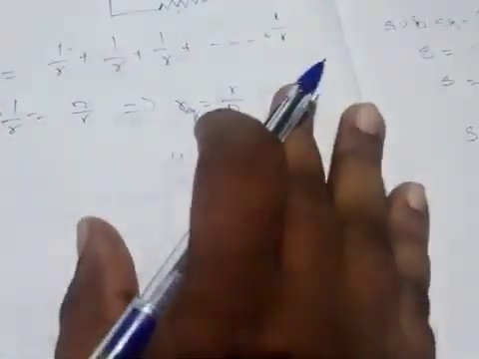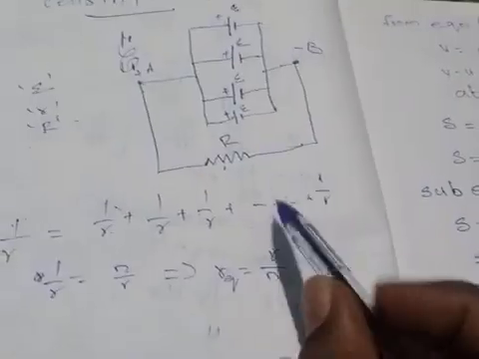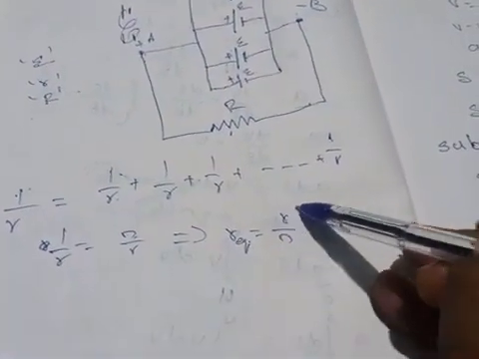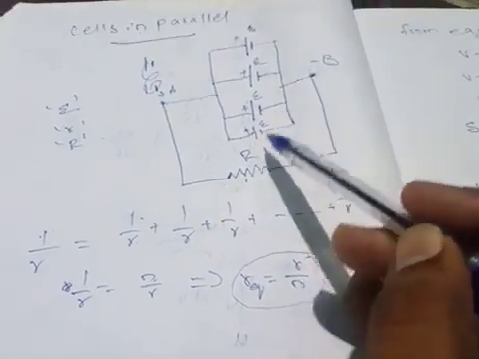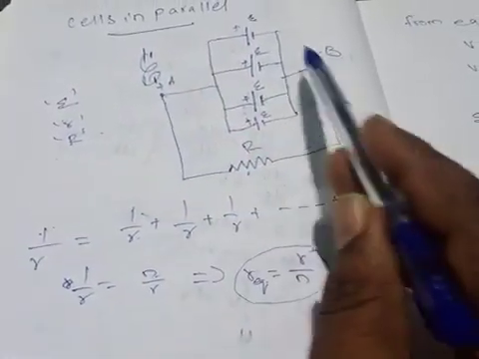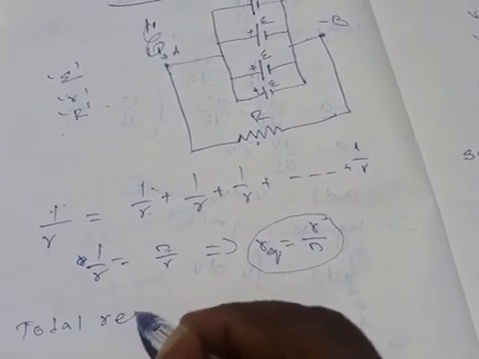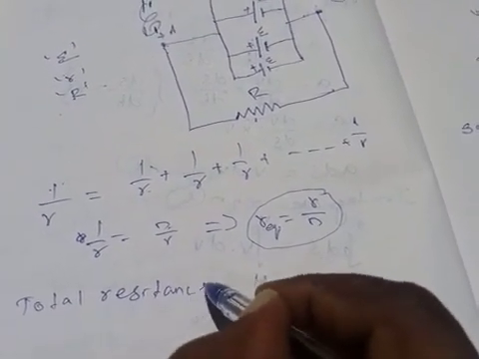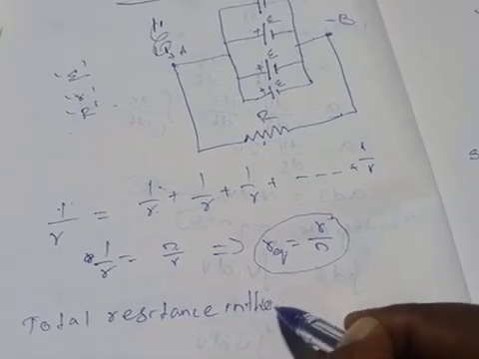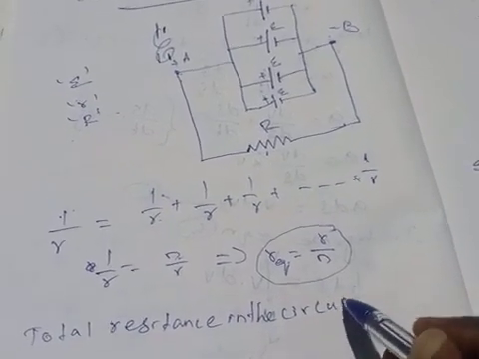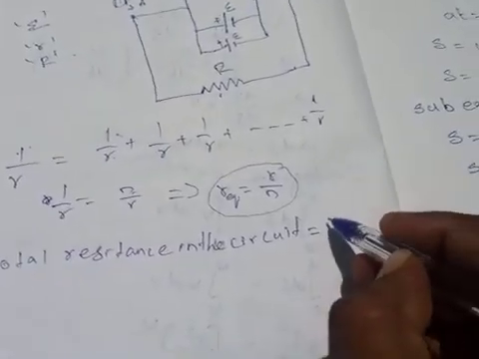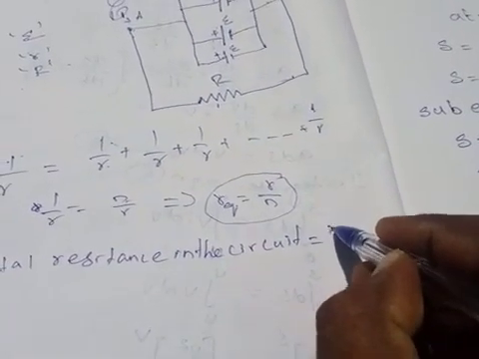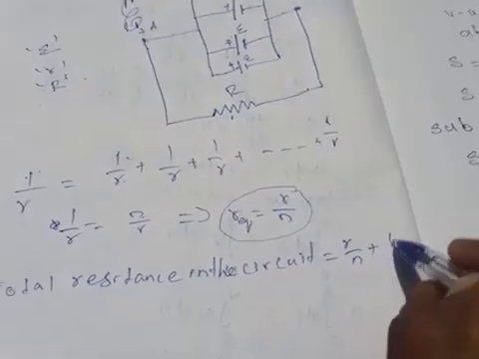Okay. Now what is the total resistance in this circuit? This resistance is only for these N cells. So the total resistance in the circuit is this R by N plus the external resistance.